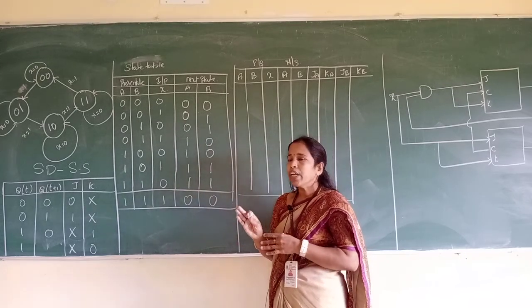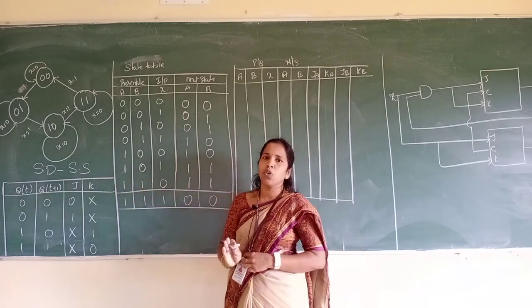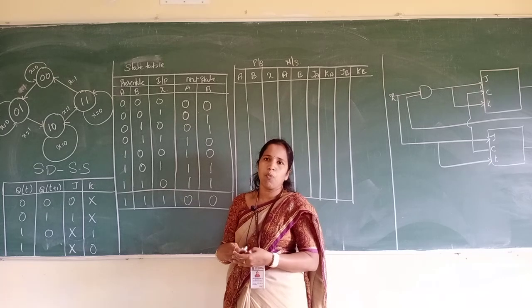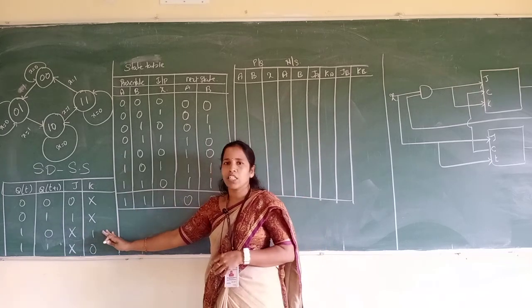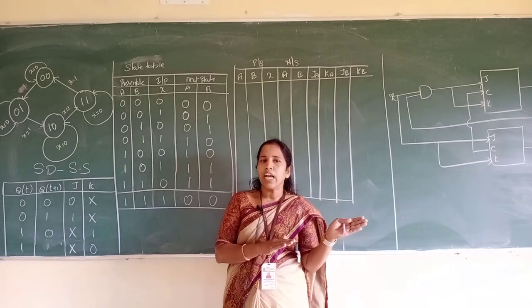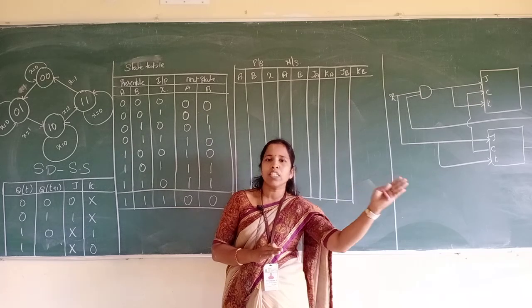You can convert a state diagram into a sequential circuit by specifying the excitation table of the JK flip-flop. This is the extra step compared with the previous session. The previous session went directly from the sequential circuit to the state table to the state diagram.